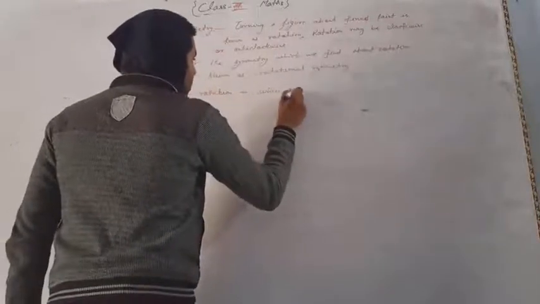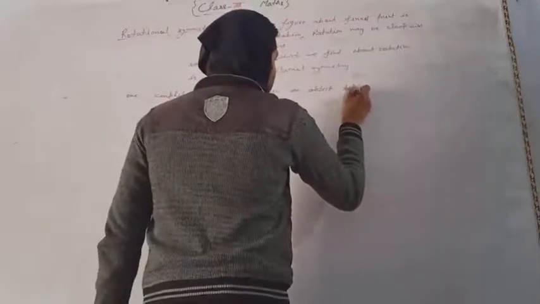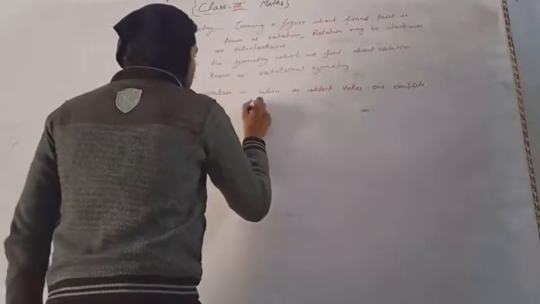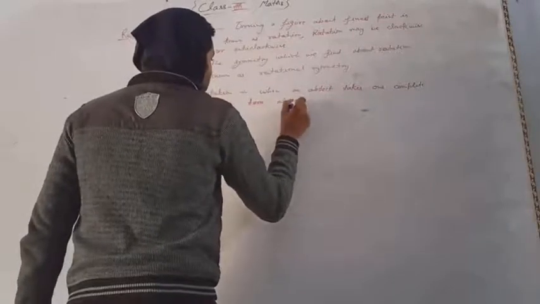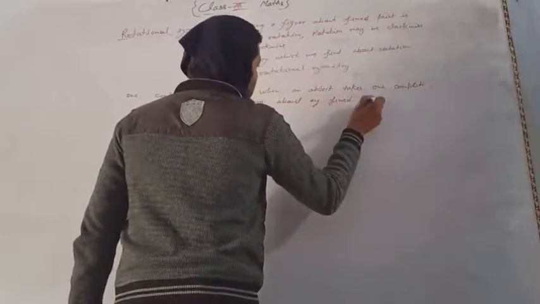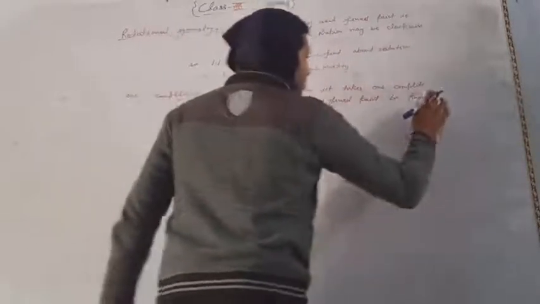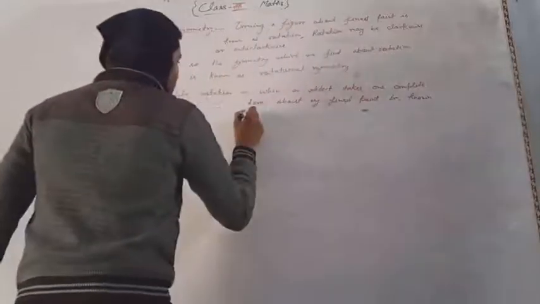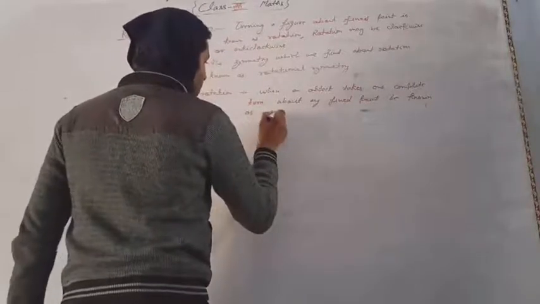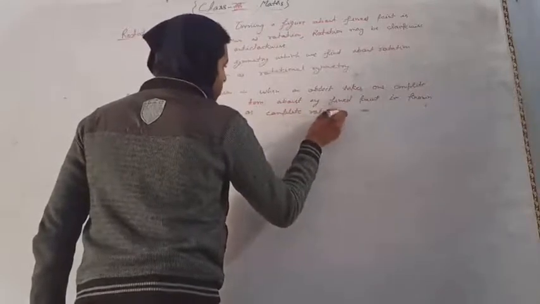When an object takes one complete turn about any fixed point, that is known as one complete rotation.